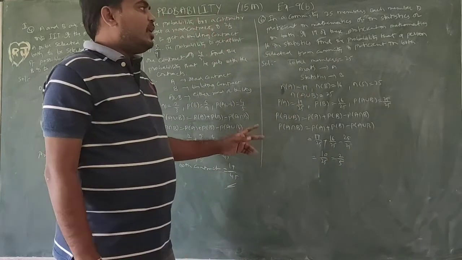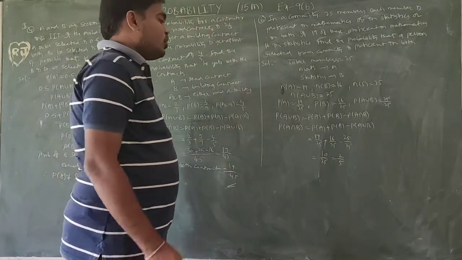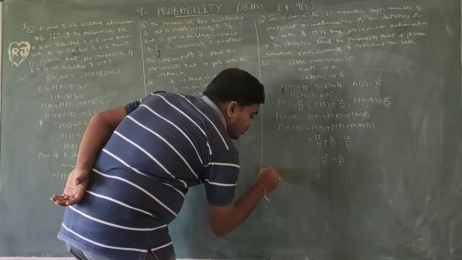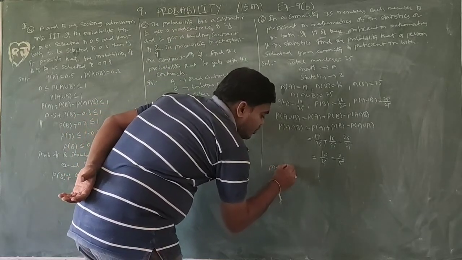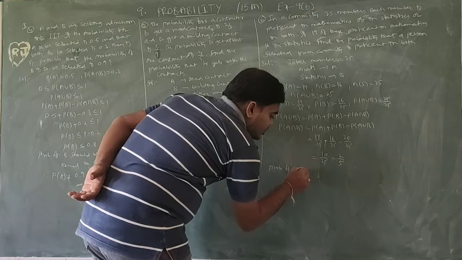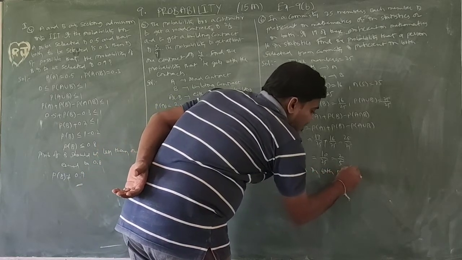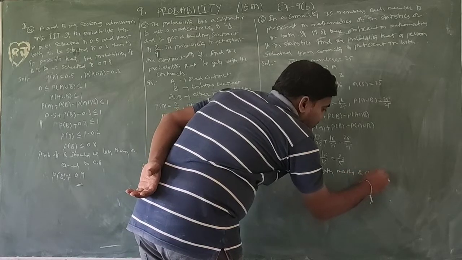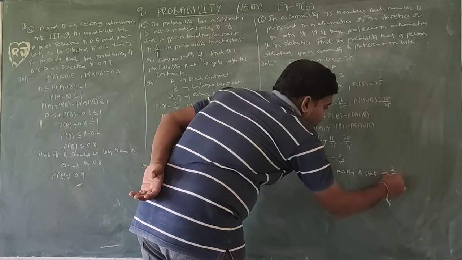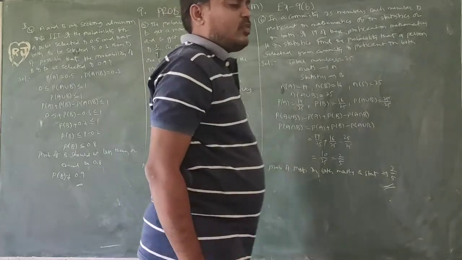So the probability of proficient in both maths and statistics is 2 by 5. This is the required result.